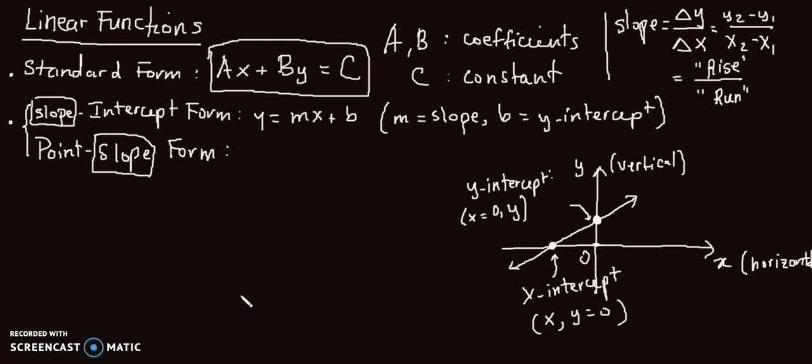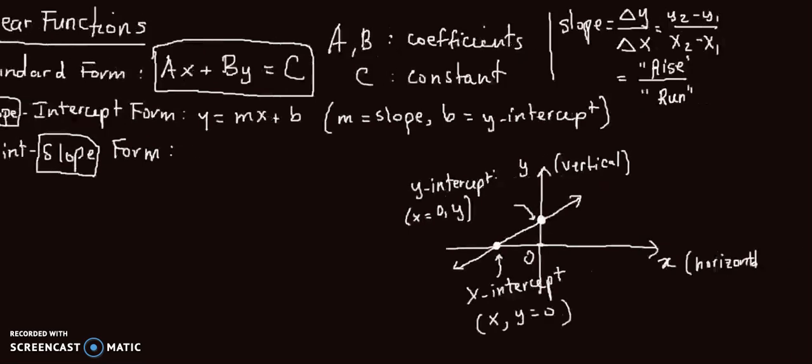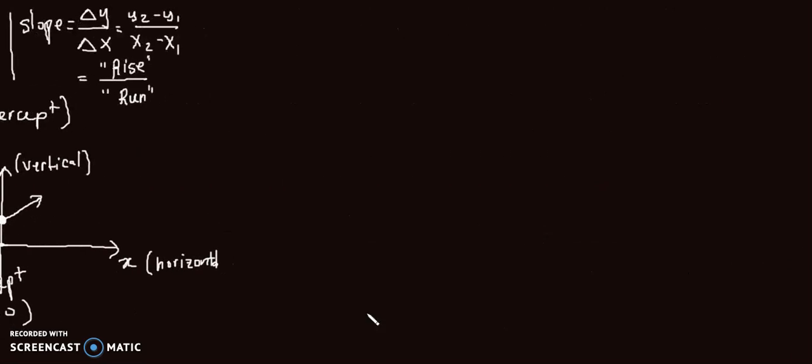Now let's try to graph the slope-intercept form, y equals mx plus b. Just to remind you, to have a line like this you only need to know 2 points, and the line will cross these 2 points.